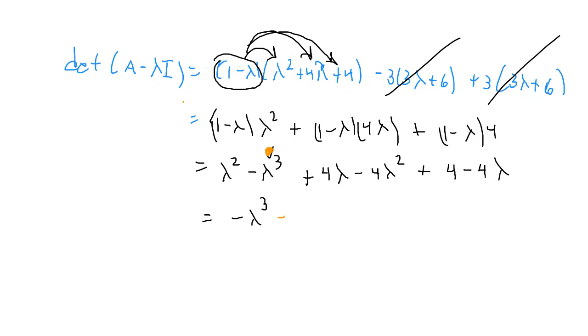Okay, back to business here. Now, lambda squared minus 4 lambda cubed is minus 3 lambda squared, and it looks like we get cancellation here.